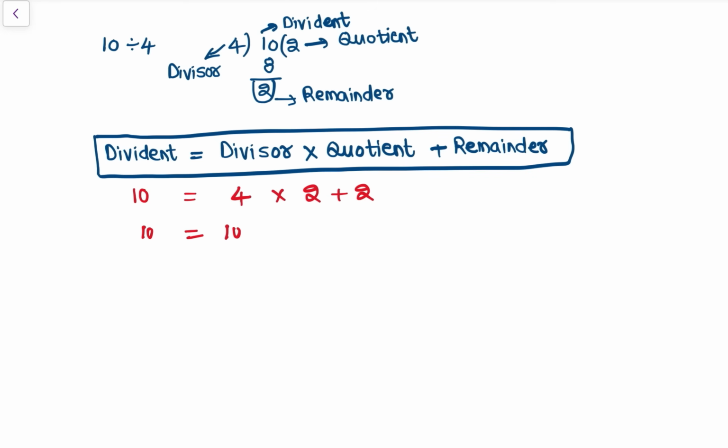Now in this topic we will be dealing with the remainder. So ये remainder के बारे में अच्छे से पढ़ लेते हैं. Before going into remainder, let's understand a few facts about remainder.